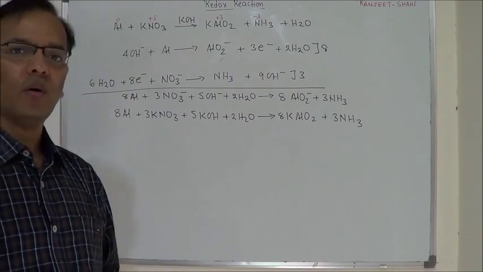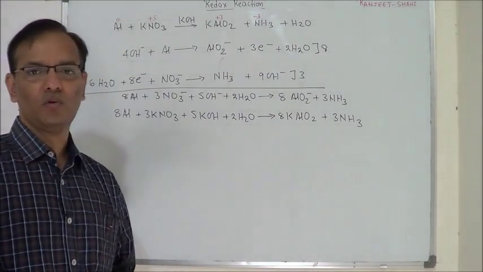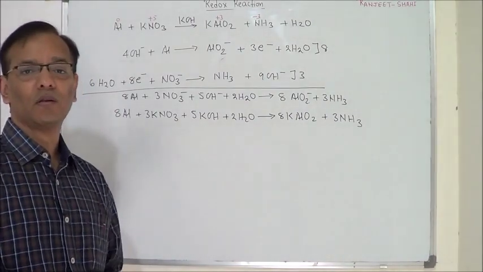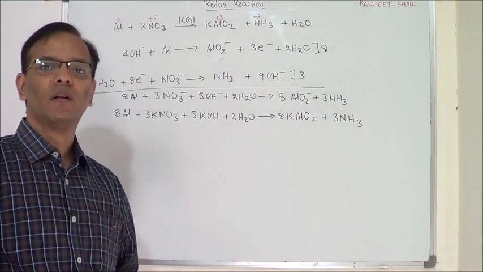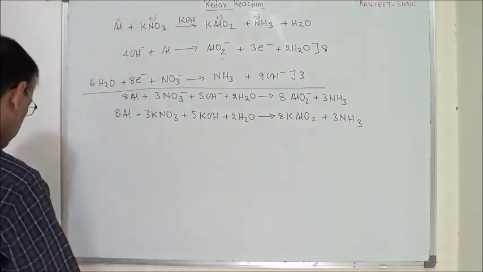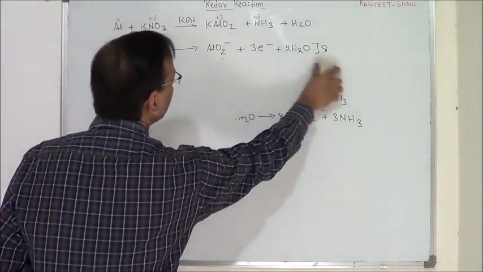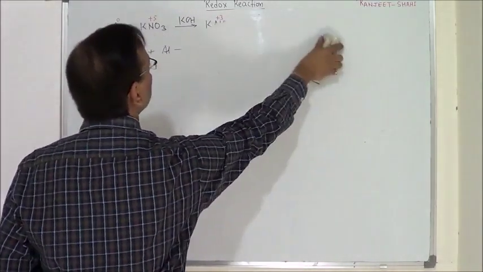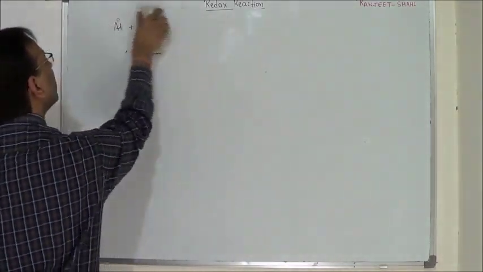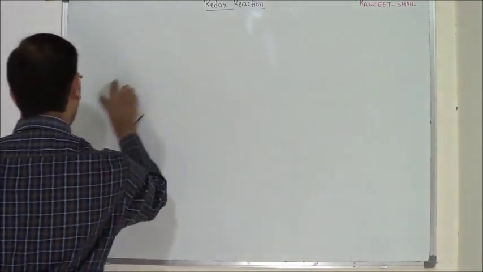In the beginning I told you that this is the most comprehensive method of balancing, so it should balance all redox reactions. It would balance disproportionation reactions also. So let us try to understand how we balance a disproportionation redox reaction using the ion-electron method.